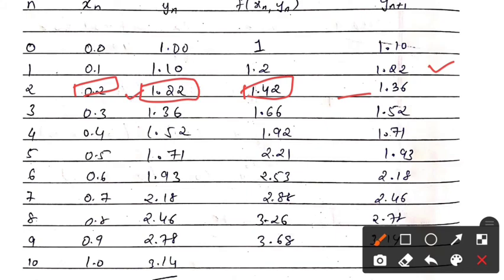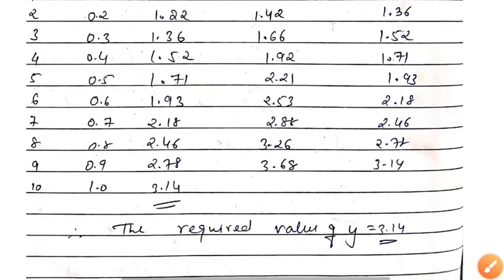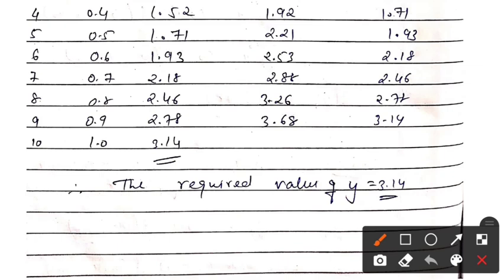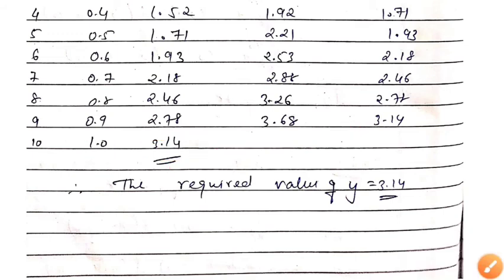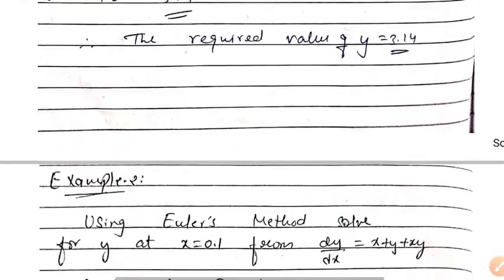Similarly, continue this process until you get your final value, that is, for x equal to 1.0, you get your y10. This y10 will be the number obtained over here. Okay. So these are the two formats of writing. Actually, there are no two methods. There is only a single method, but there are two different forms of writing this particular example or method. Let us take one more example.